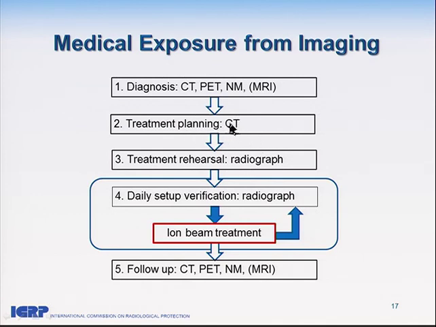And then for treatment rehearsal, we need a radiograph. And in the daily setup verification step, we need, again, a radiograph every day. So this process can be repeated every day until the end of the treatment. And then we should have a follow-up CT, PET, or other diagnostic imaging.